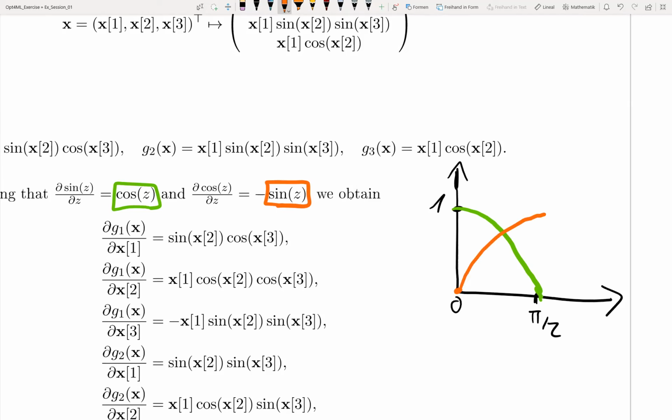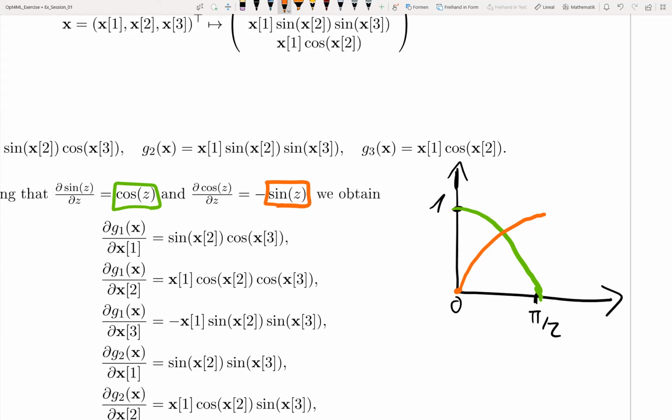Now recalling what a derivative is telling you, regarding the slope of the function, cosine is going down, so the derivative should be negative. You know vaguely that the derivative of cosine is sine with perhaps a different sign, minus 1 or plus 1 multiplied, and the other way around.